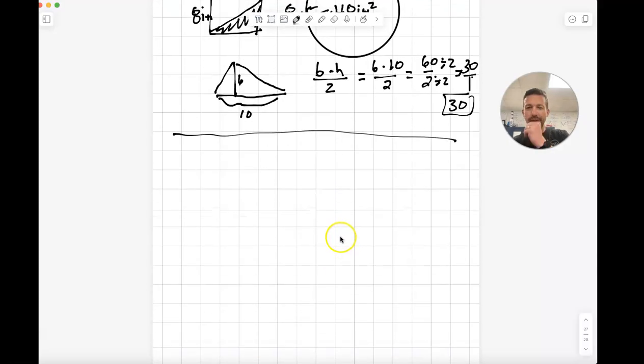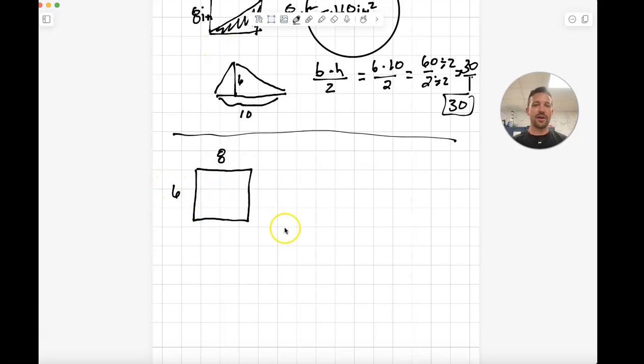Okay, so I'm going to start this off with kind of how I did the perimeter, where maybe they give you one and then they elongate it and they say, what is the difference of the areas? So let's say you have a rectangle that is already 6 by 8, kind of like what we had up there. And then let's say this is the length and this is the width, okay?